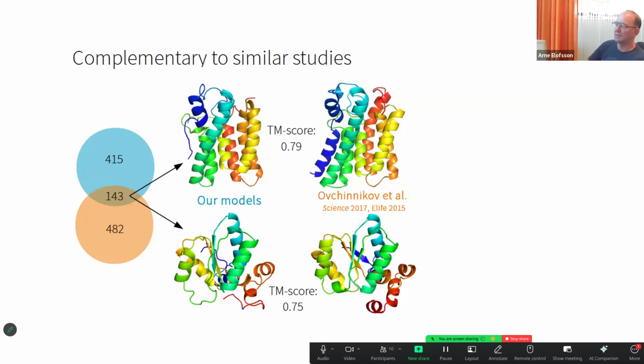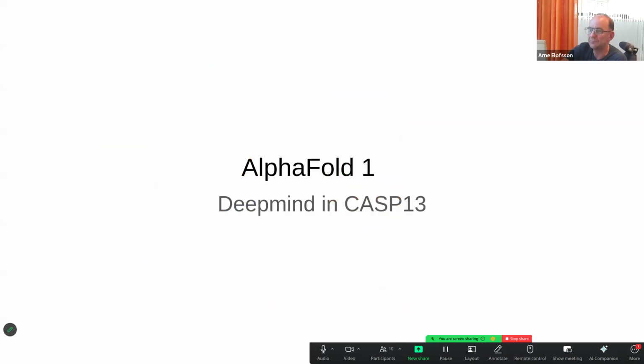So maybe for 10% of these families, we could generate good models that nobody could generate before. And in the cases where the models were similar, they were not identical, but they were similar. So it was quite good. We could basically add models for 10% of the missing families. But of course, it was not for everything.